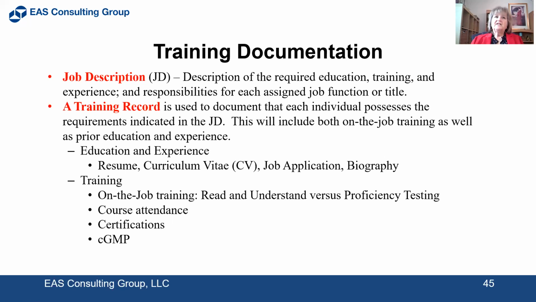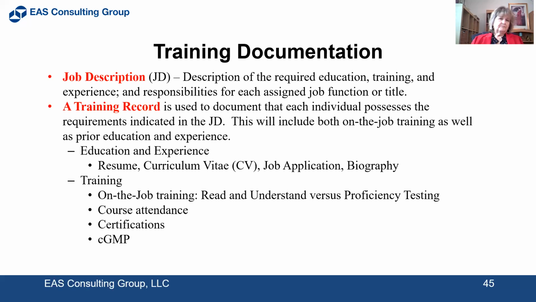So in the education and experience column, you're either going to have a copy of their resume, their CV, a job application, or a biography. For their particular training, you're going to have documents on the job training. And it's important for you to understand the difference between read-and-understood versus proficiency training. If I were to be trained on a piece of equipment that I've never used before, I can read the SOP on it, but I'm still not going to be ready to run that piece of equipment, especially if it's very complicated.